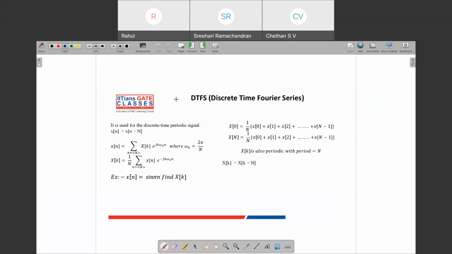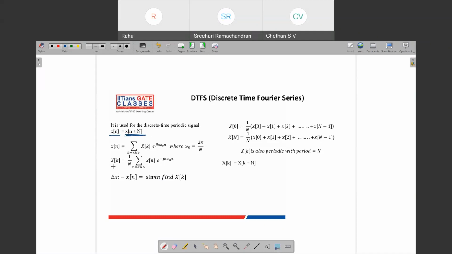Just like we have the continuous time Fourier series for the continuous time periodic signal, we have the discrete time Fourier series for the discrete time periodic signal. Okay. So we have, let's say, a signal x of n, which is a periodic signal, which means that it is going to repeat itself every N. For this particular signal, we can calculate the Fourier series, just like we have calculated it for continuous time.